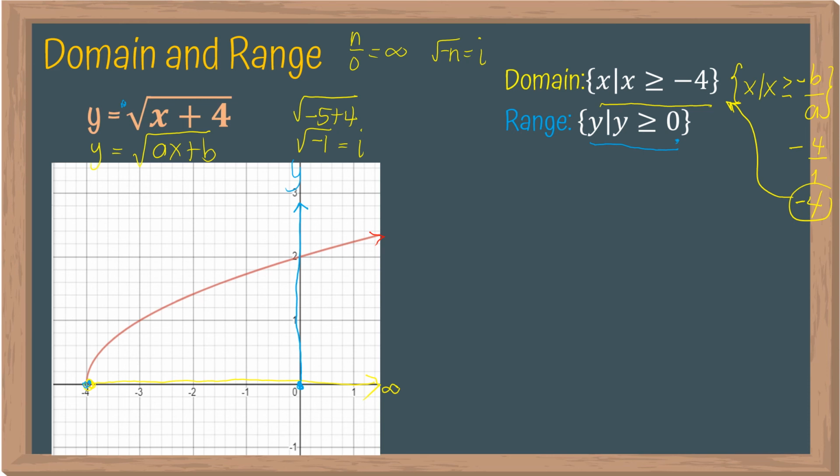If we get the square root of 0, the least possible value that we can substitute in our function is negative 4, plus 4, that will give us the square root of 0, and the square root of 0 is 0. Therefore, all values that we can have here will be real numbers greater than or equal to 0.